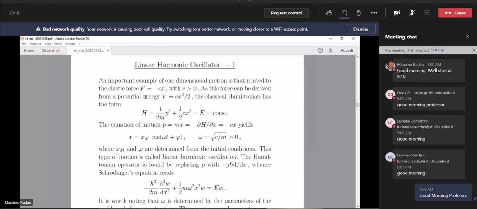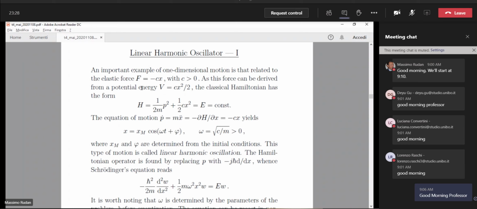So the electromagnetic field in vacuum, as you know very well, can be described as the superposition of linear modes of oscillations. And each mode of oscillation again has the form of the equation of the linear harmonic oscillator, and can be reduced to the equation that you can see in the first line of this page.